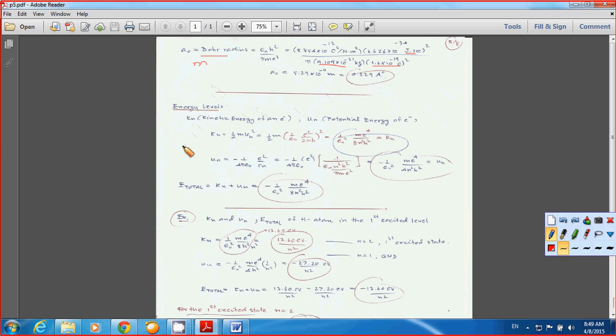Now take a look at the energy levels of our electron. E total in any situation is going to be the kinetic energy plus the potential energy at each energy level. So let's start with the kinetic energy first.